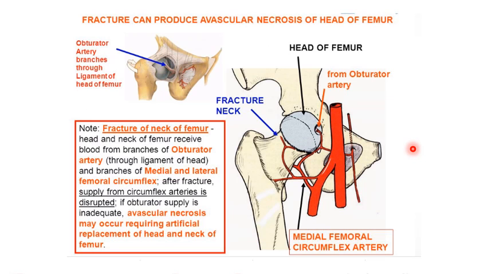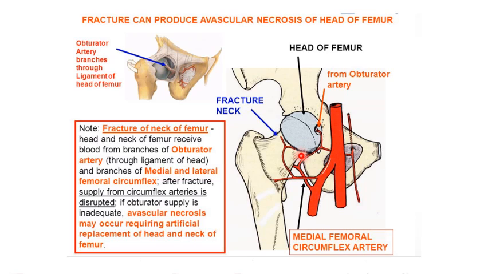This is the avascular necrosis of the head of the femur, which can be due to a fracture at the neck of the femur, where this arterial ring, which is formed by the medial and lateral circumflex femoral arteries, is injured.